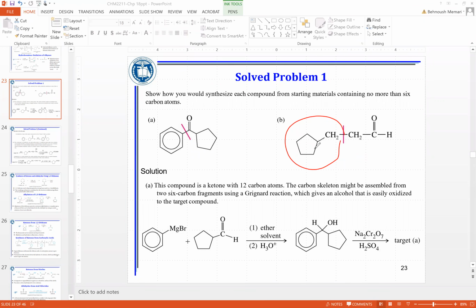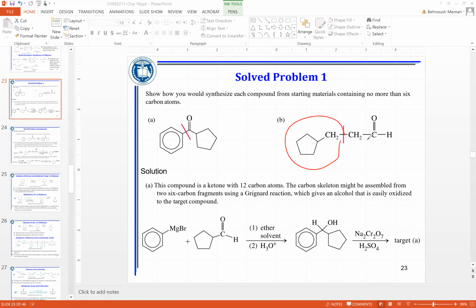Grignard or organometallic compound is a good way to make a carbon-carbon bond. In order to connect these two, you have one Grignard and then the other one could be formaldehyde, epoxide, ketone, ester or acid chloride.